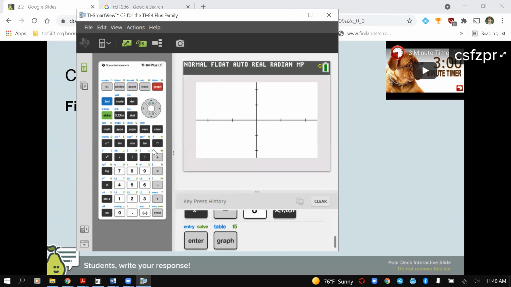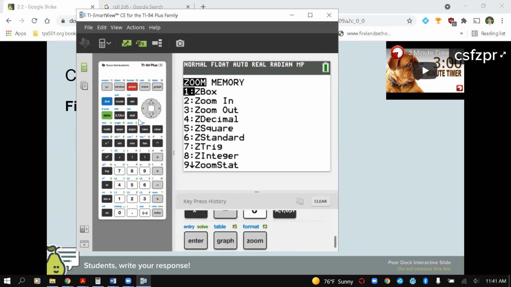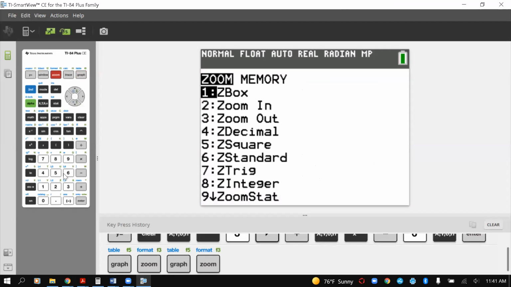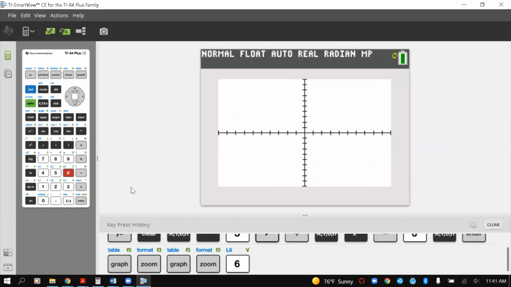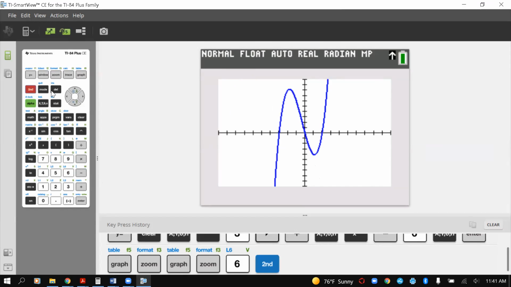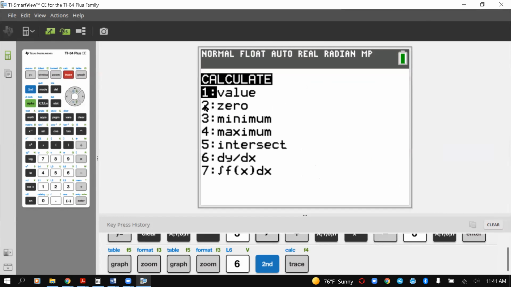Enter, graph, zoom. Do you know about this trick? If your window is ever messed up, you can hit zoom 6 and it will give you a standard window. And then to get your zeros, you hit second trace.